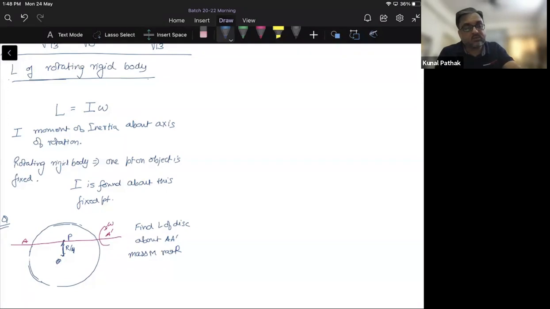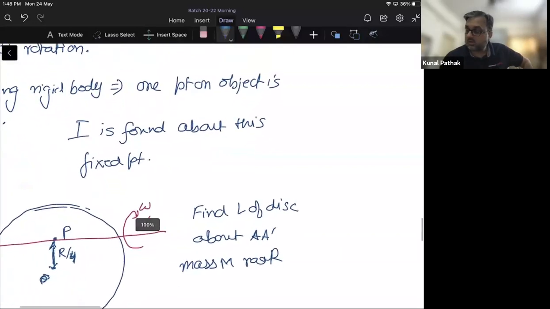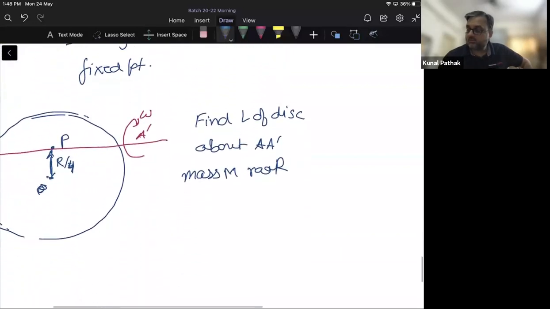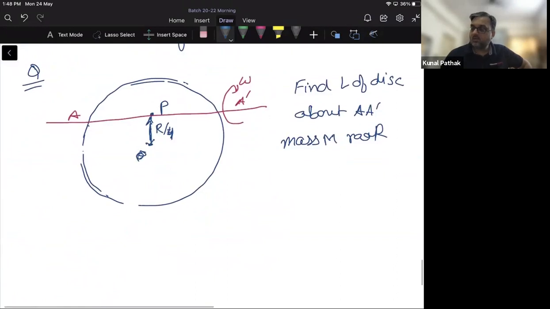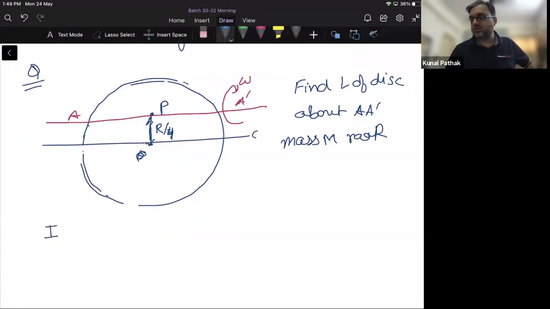Absolutely right. Yes. So basically you have to find I. Right? I mean that you're not really finding angular momentum, you're just finding I. So I about O dash is mr square by 4.